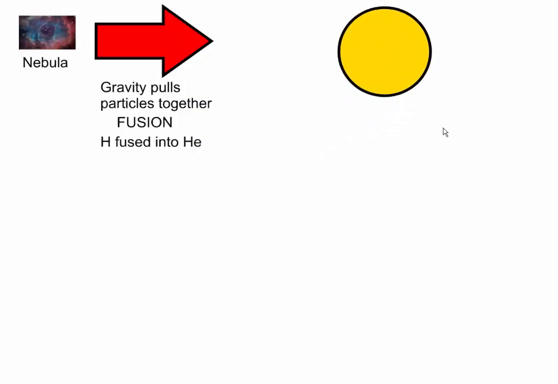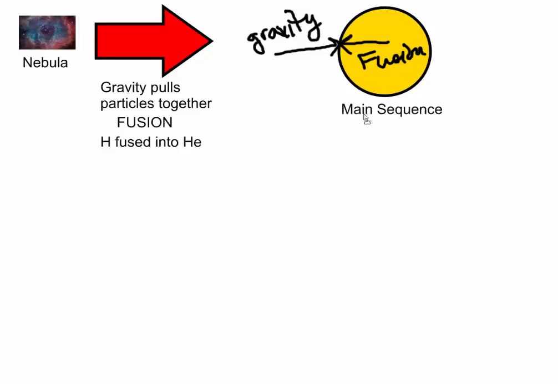Okay, here we have two forces at work. One force pulling in on the star is gravity. On the other side, pushing out with an equal amount of force is this nuclear fusion. This stage of a star's life is known as the main sequence.